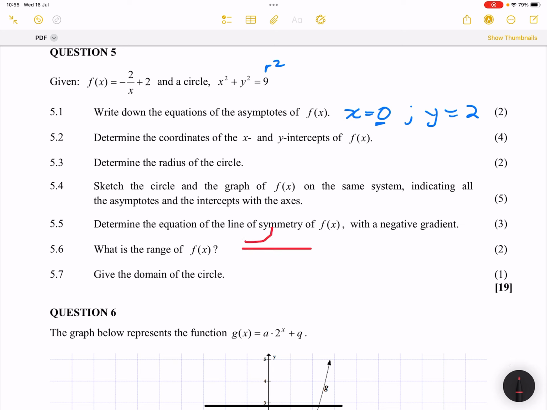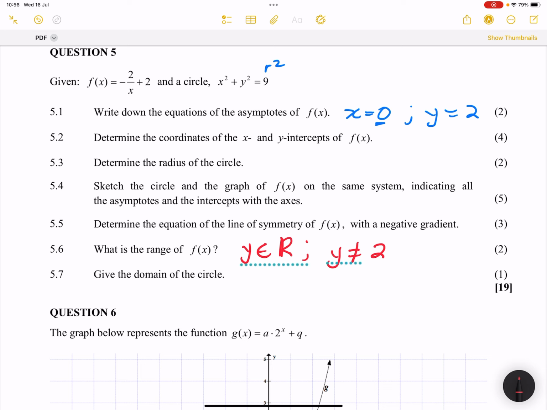And where does it not exist? At the line y is equal to 2. So in this case, y is an element of real numbers. However, y cannot be equal to 2.